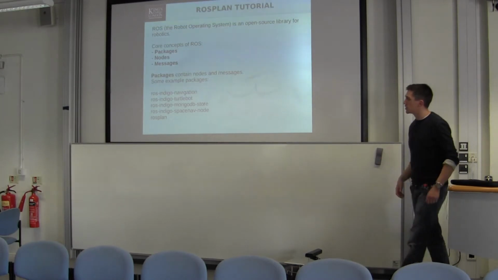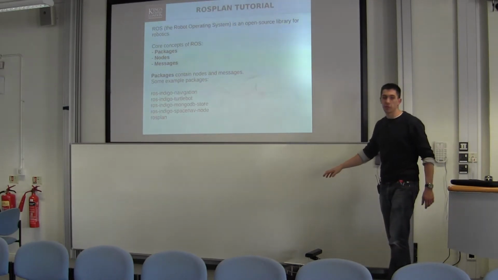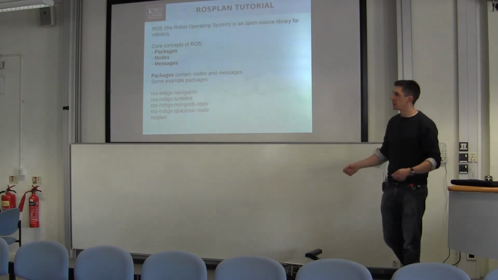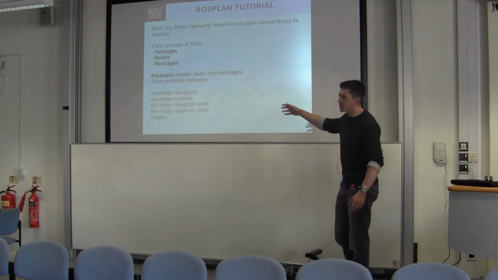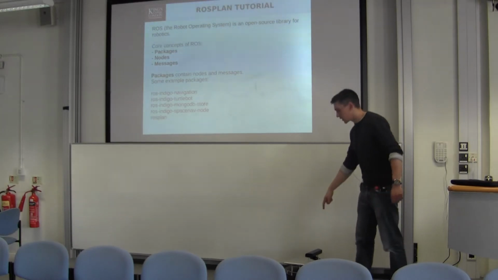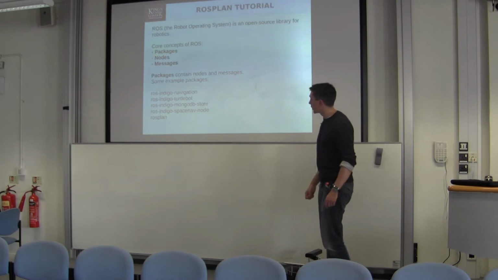So here are some example packages that you might know. I'm using Indigo on this robot, but it doesn't matter if you have a different version. Navigation is a package for localization and moving around. The Turtlebot package contains a whole load of useful utilities for the Turtlebot, automatic docking on the docking station, a 3D model of the robot, stuff like that.